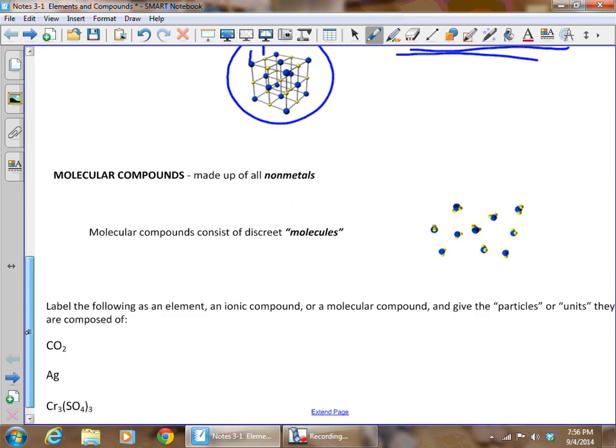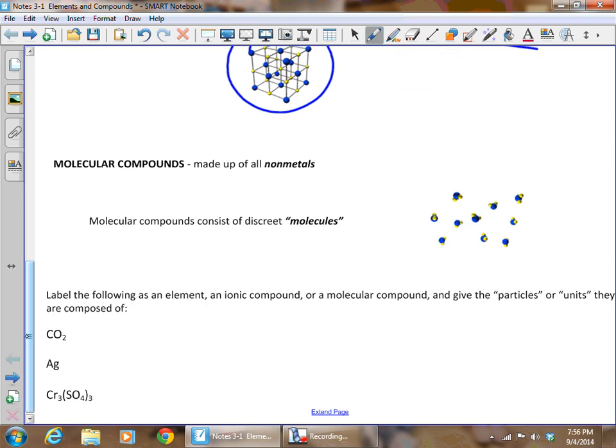A more familiar term for us is that of the molecules that make up molecular compounds. Molecular compounds, also sometimes called covalent compounds, as we'll see in a later chapter, are made up of all nonmetals. And molecular compounds do have discrete molecules, discrete meaning individual, apart from each other.